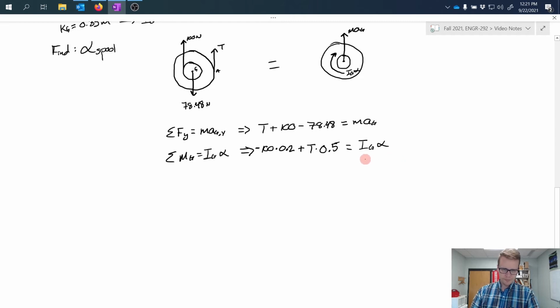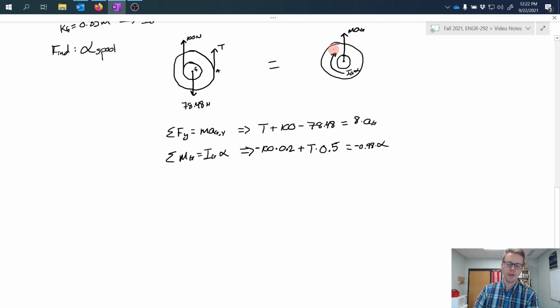So looking at this, I can see that I know my mass, I know my mass moment of inertia. Maybe I should actually just substitute those in to simplify. 8 here and 0.98. Noting to myself that I've also forgotten a negative sign out front because the way I drew this arrow is a clockwise rotation.